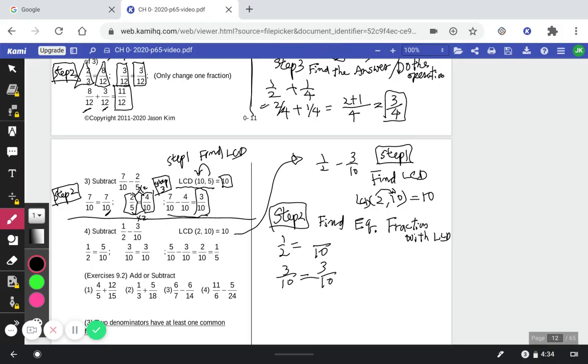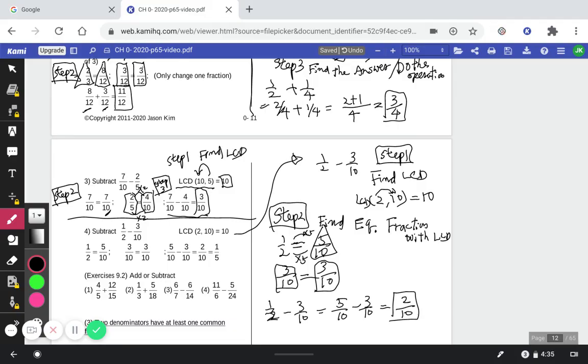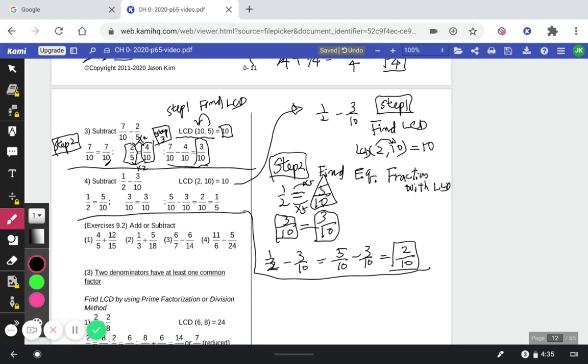But in this particular one, 3/10 is 3/10. Now for 2, you have to multiply by 5 to make a 10. If you multiply by 5 on the top, you have 5/10. So instead of 1/2 minus 3/10, you write it as 5/10 minus 3/10. You end up with 2/10. Okay, so that's the example of set 2, number 4.